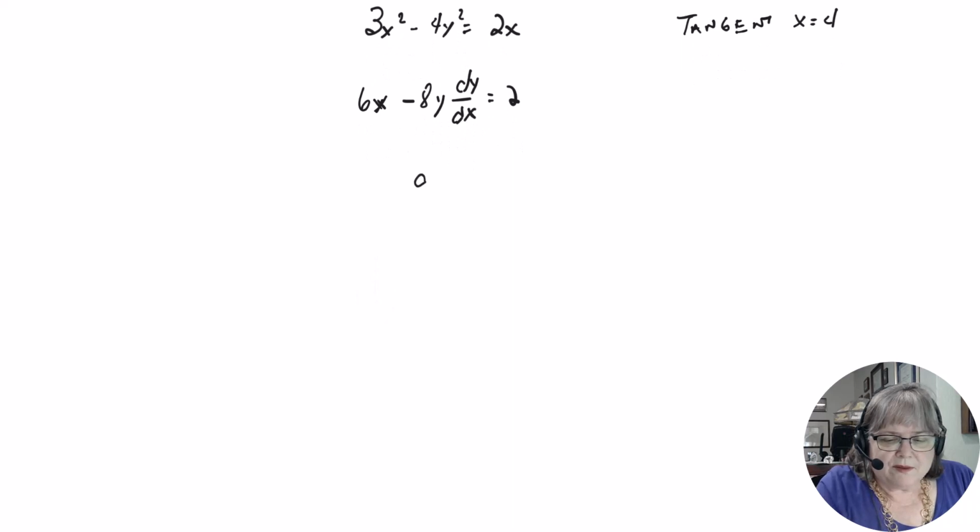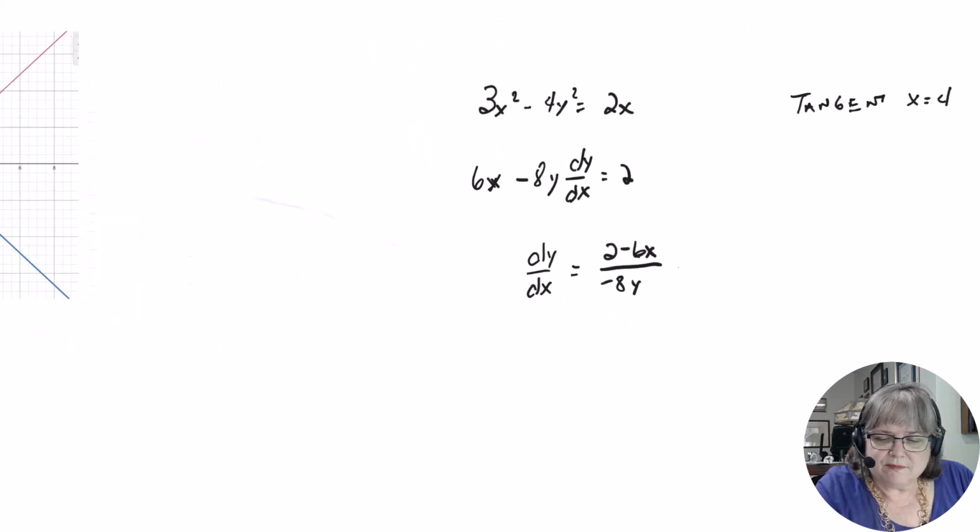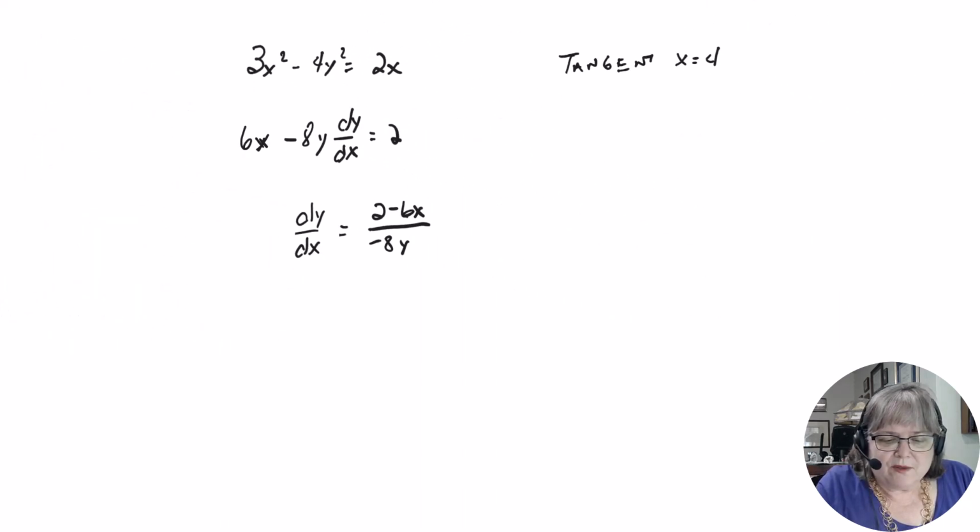Okay, so for dy/dx, we move the 6x over, so you have 2 minus 6x, okay? And you're going to divide by a negative 8y. All right, so dy/dx is, and I'm going to factor a 2 out of the top and the bottom, and I'm going to divide through by the negative, so I'd have negative (1 plus 3x) over 4y.